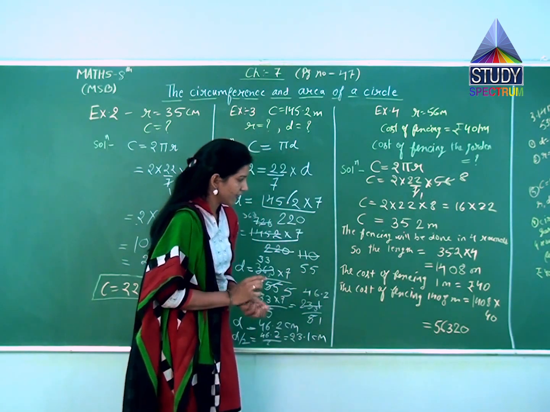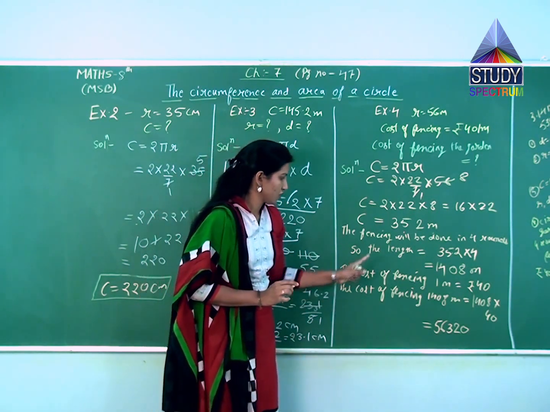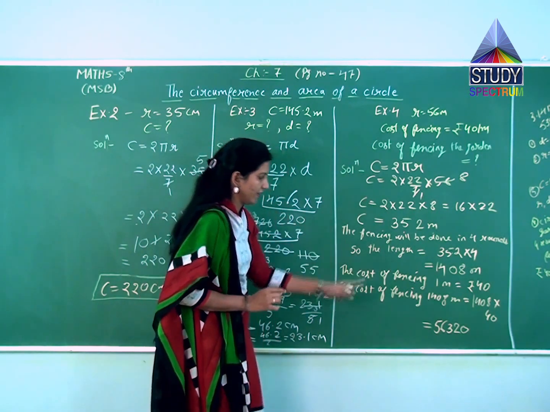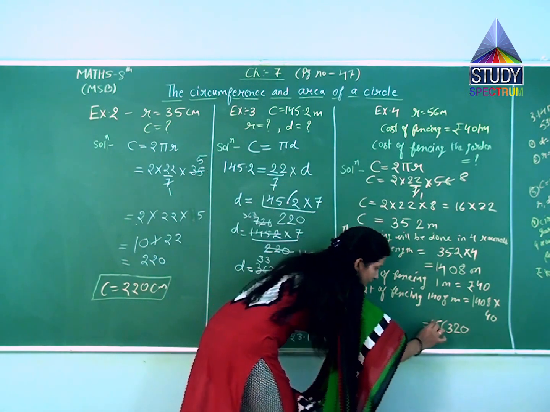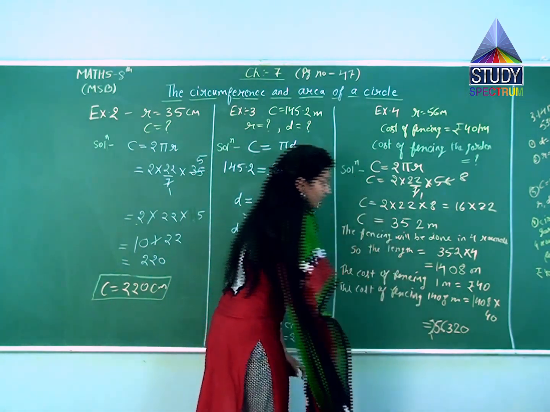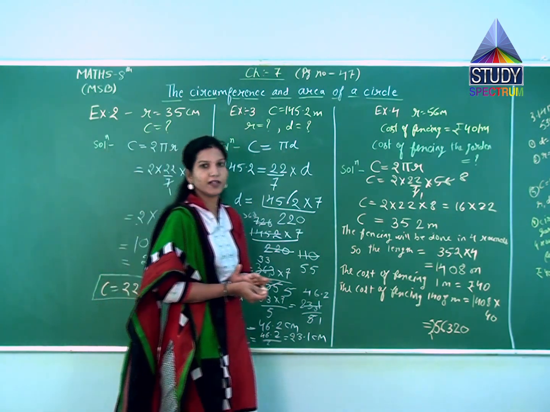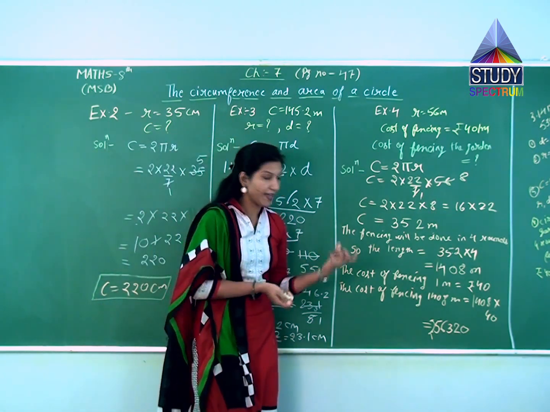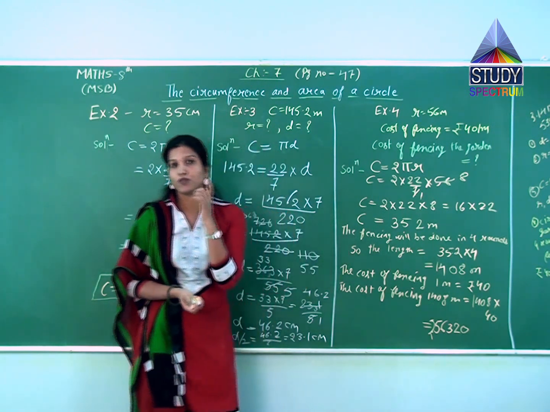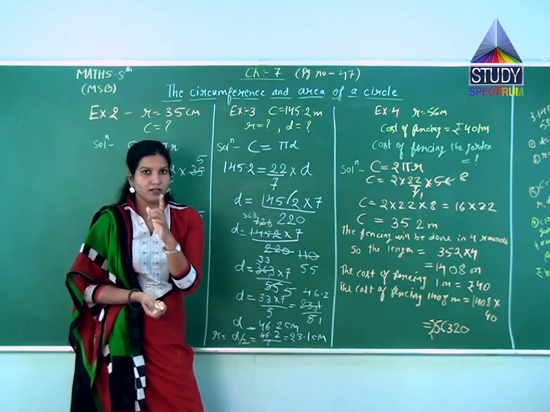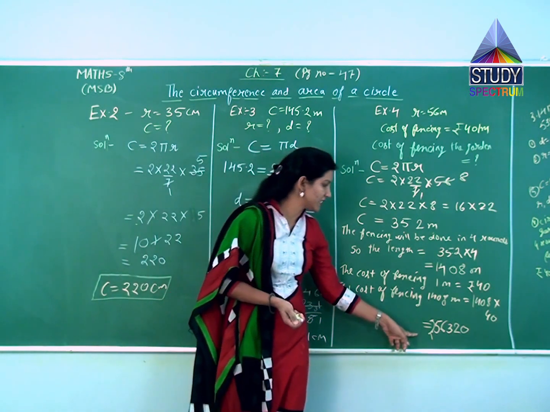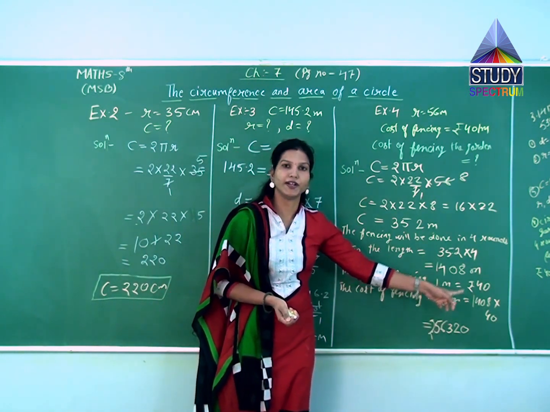So our answer for the cost of fencing the whole circular garden will be rupees 56,320. Here we will not write any centimeter or any meter, because we have found the cost, and the unit of cost is rupees. So here we will write rupees 56,320.